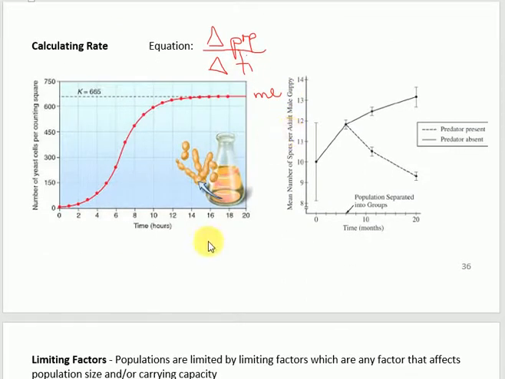So, for instance, if we look at this graph here, if we say that we want to figure out the change between approximately 4 hours and about 8 or 9 hours, then we're going to be looking here to here.